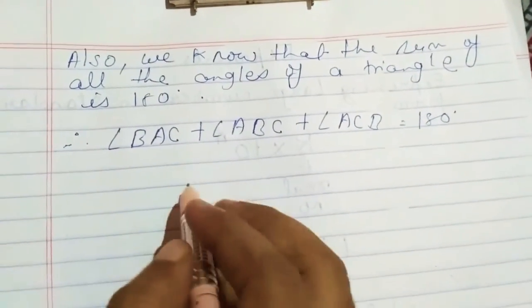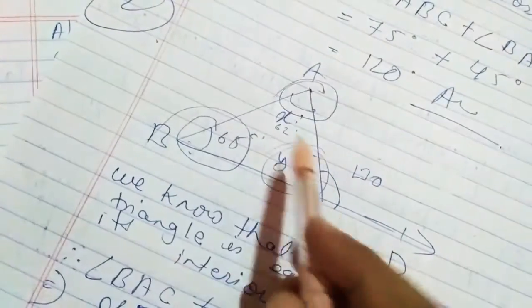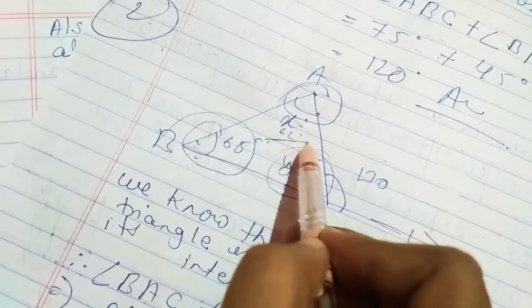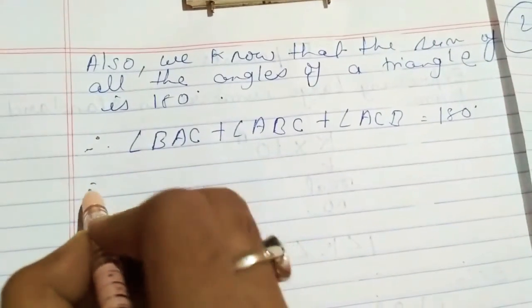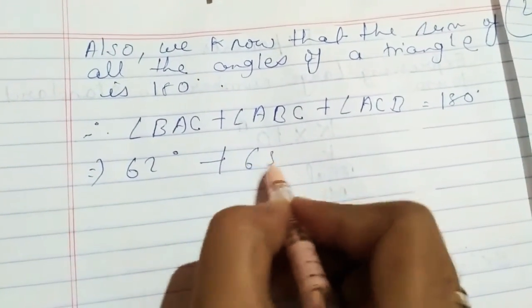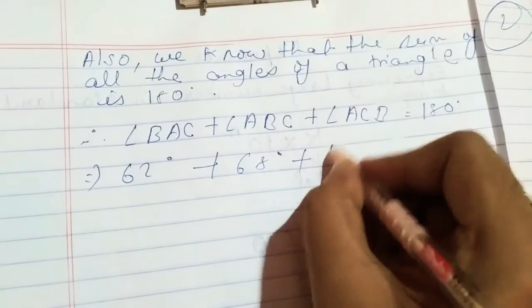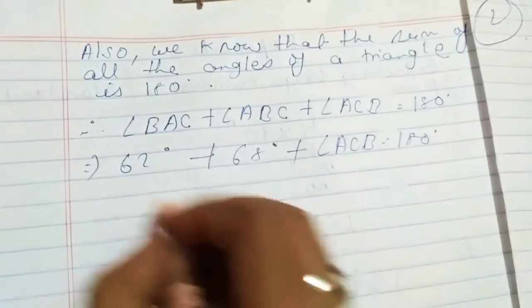So I have written here. Next step is put the value. So angle BAC is 62 degree, here I found out. So put it here: BAC 62 degree plus 68 degree plus angle ACB equal to 180 degree.